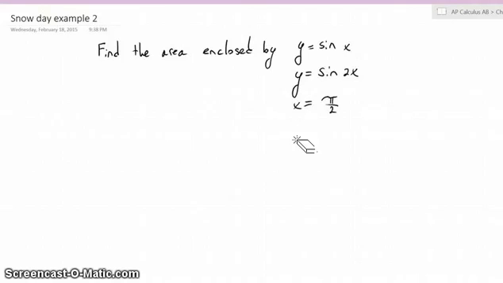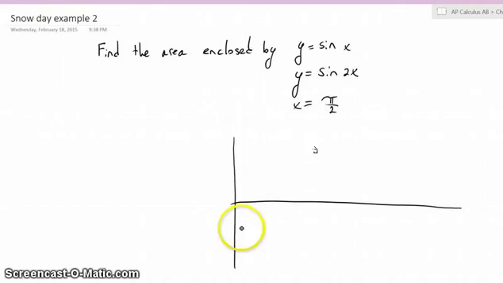The first thing we want to do is get kind of a rough idea of what this region might look like. So let's draw a graph. And we'll start with drawing sine x. So we know the maximum and minimum values for the two trig functions are going to be 1 and -1. And we know that sine starts at 0.